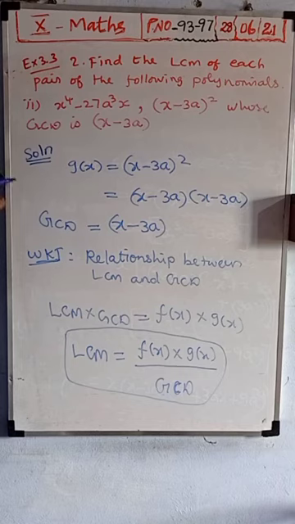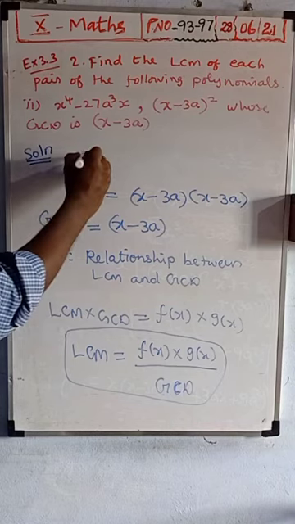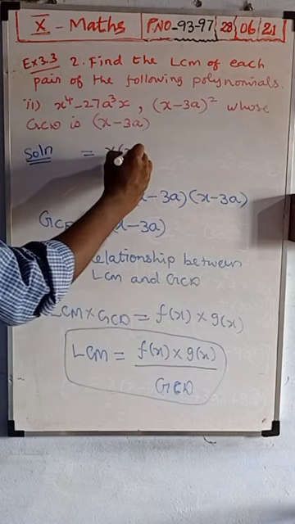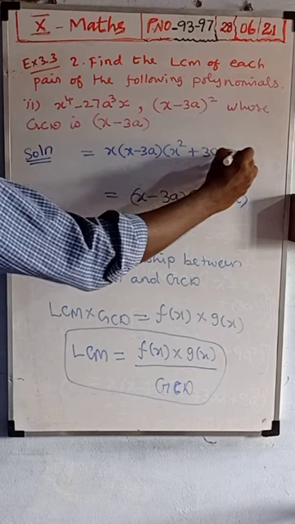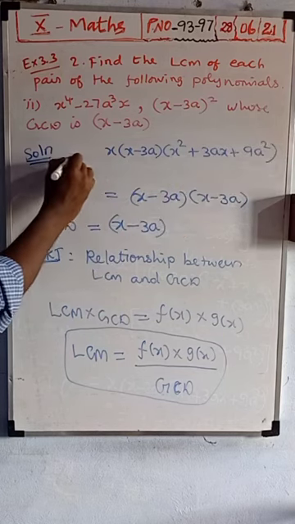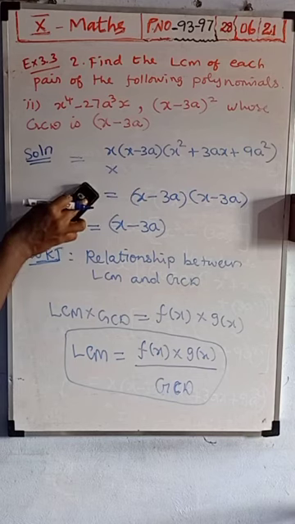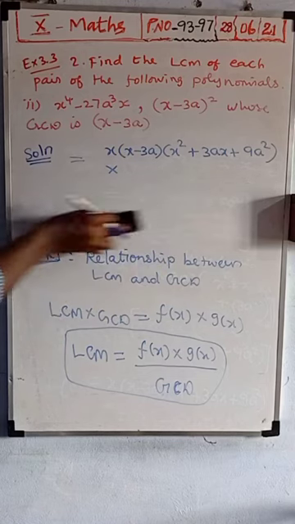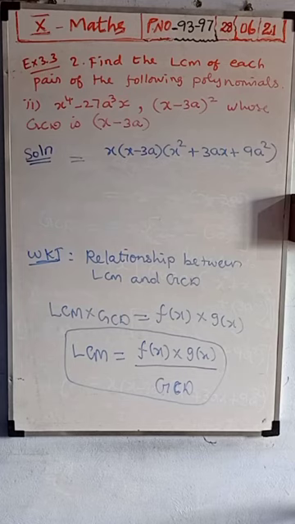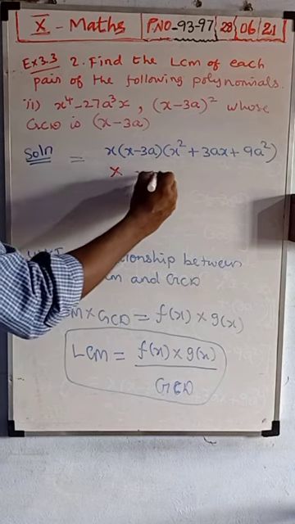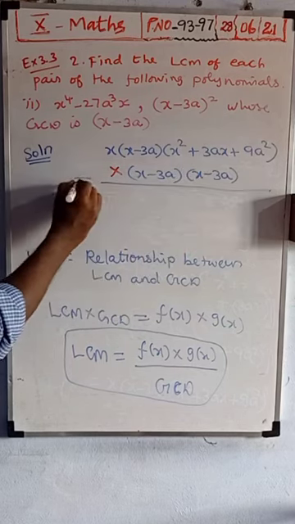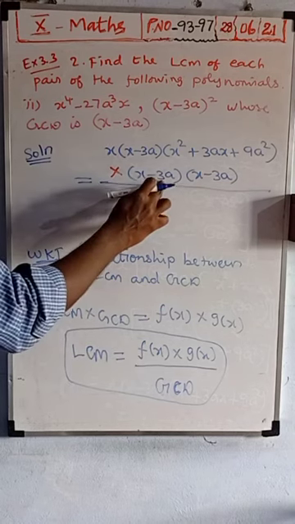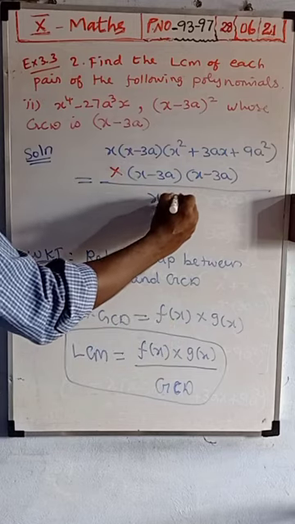Now you should substitute these values. The f of x factors we found: x of x minus 3a of x squared plus 3ax plus 9a squared, into g of x, which we received as x minus 3a into x minus 3a, divided by the GCD, which is x minus 3a.